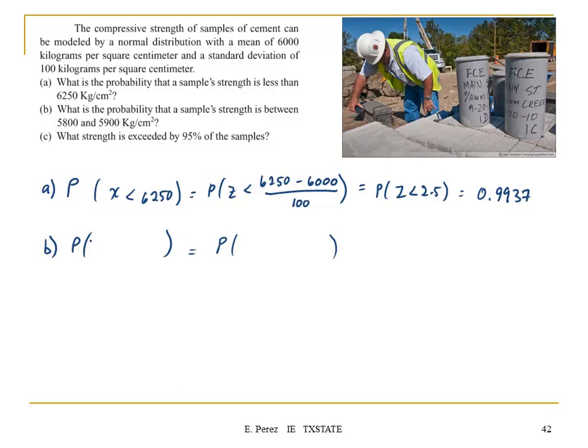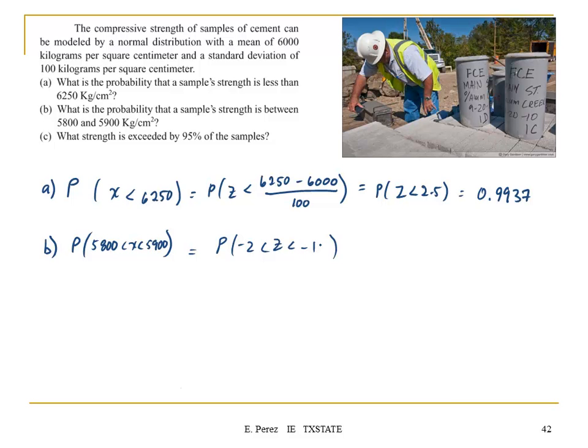So it should be between 5,800 and 5,900, which if you look at these, this is going to be -2 and -1.